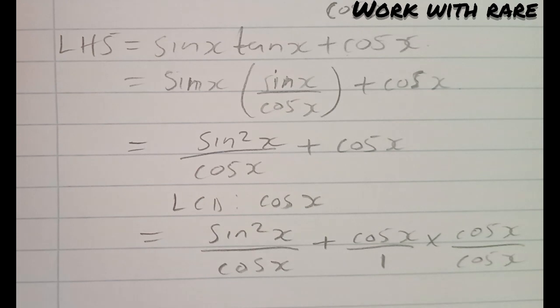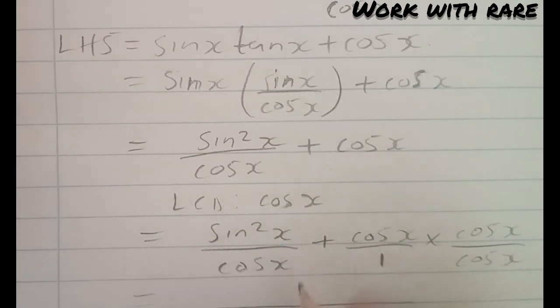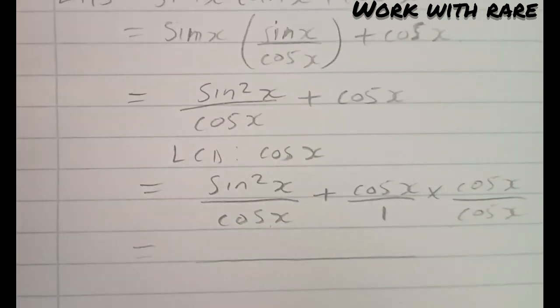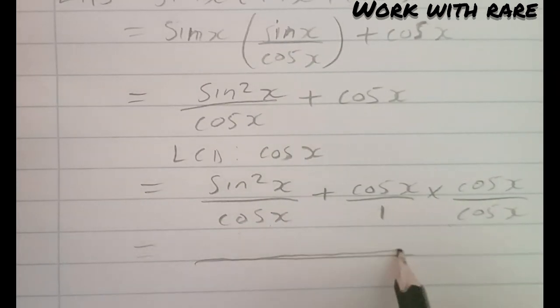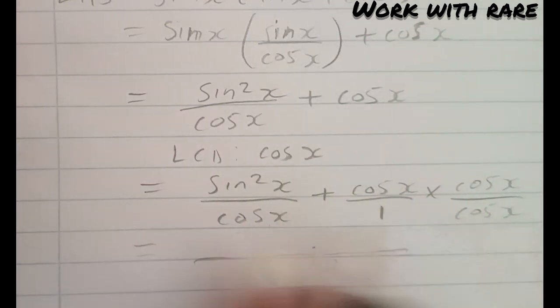So my LCD is cos x. Cos x, 1 multiplied by cos x is cos x. Now I'll write this line. It's not a double line.